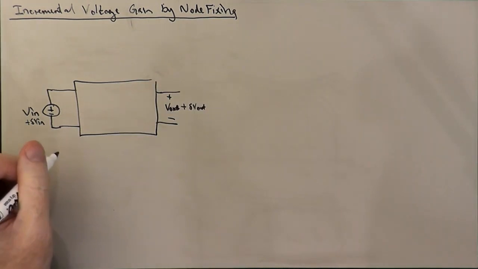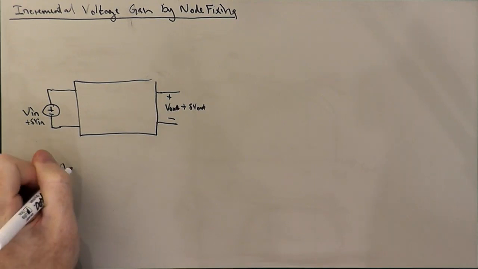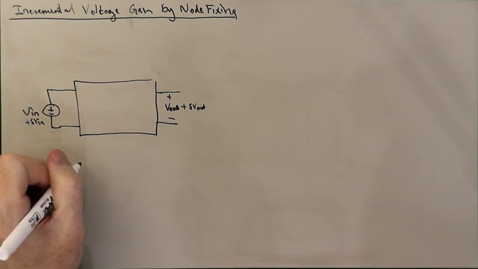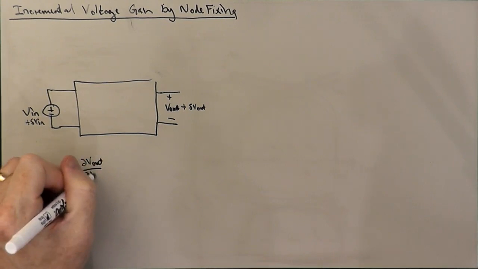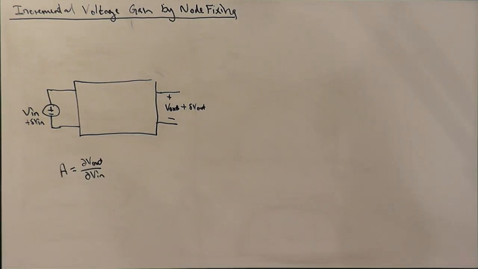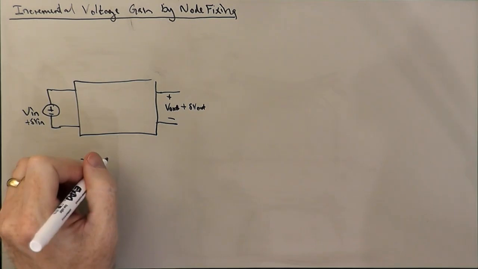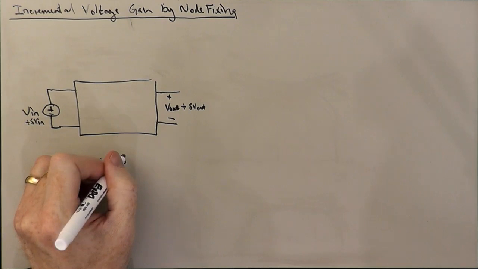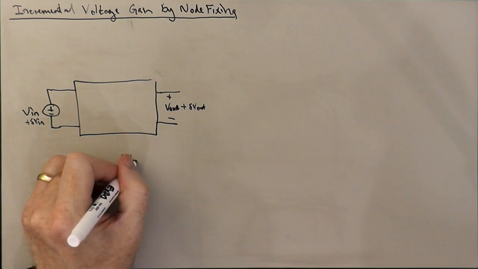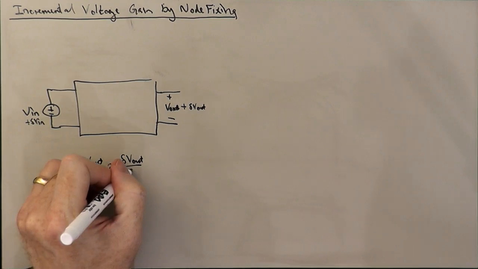And we're interested in what is the gain of the circuit, A, which is basically the partial of V out with respect to V in. Okay, that's the slope of the tangent line to the voltage transfer characteristic. And we're going to approximate that by a finite ratio of finite differences, delta V out over delta V in.